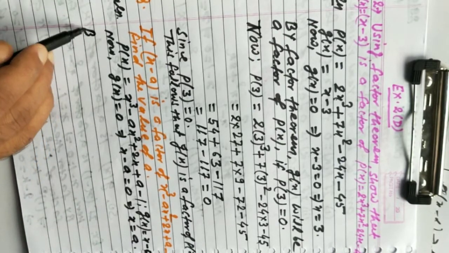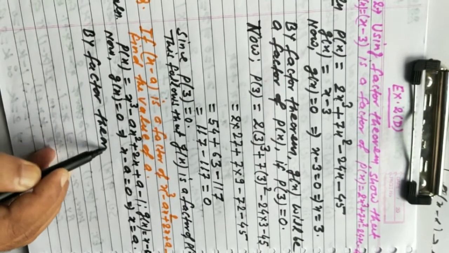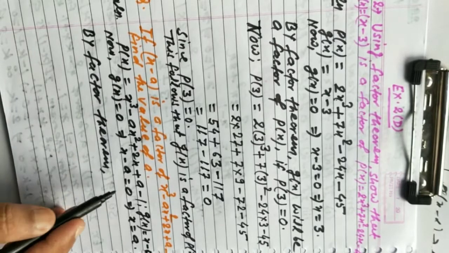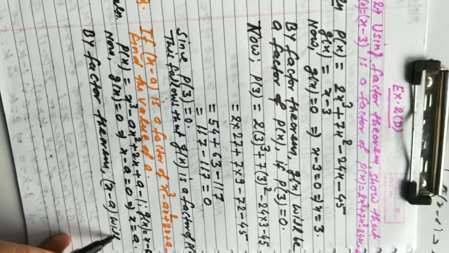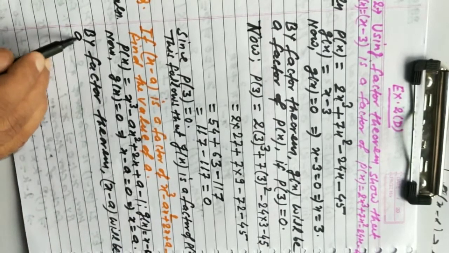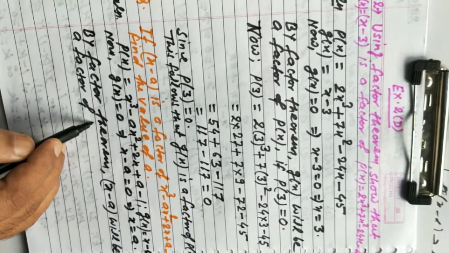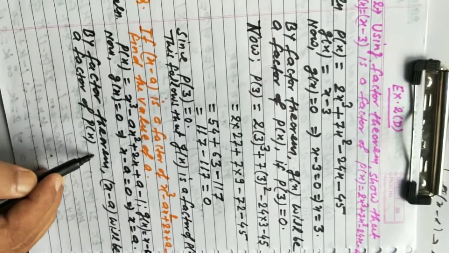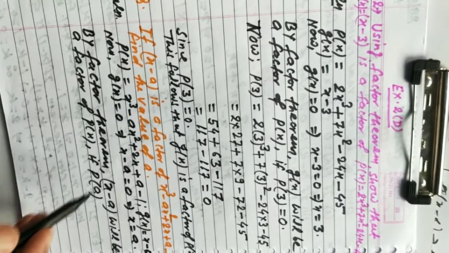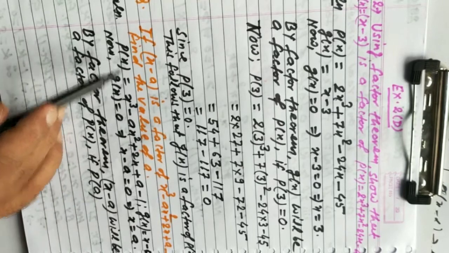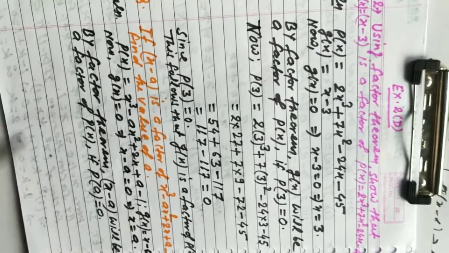Now write here, by factor theorem, x minus a will be a factor of p(x) if p(a), at the place of x we have to write the value of x, which is a, is equal to 0.